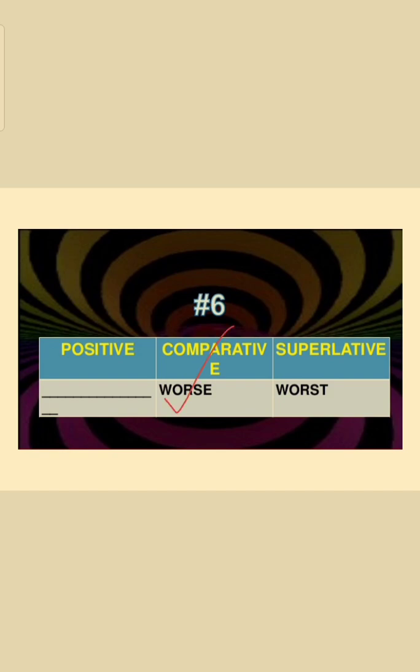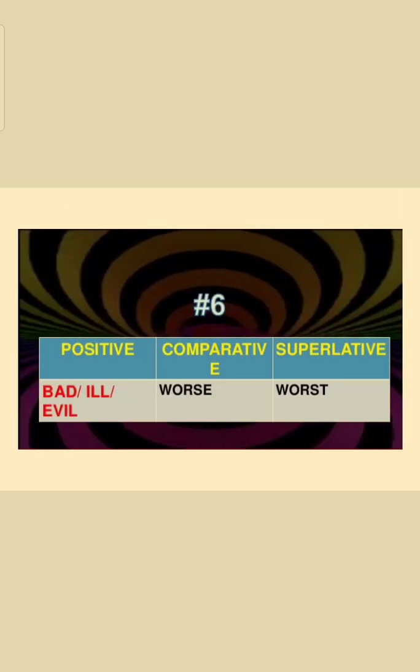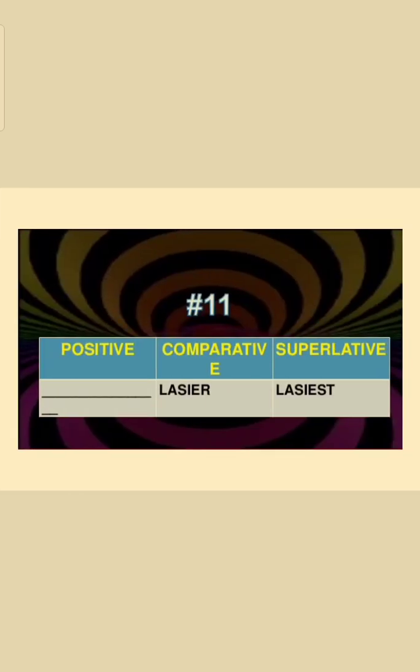So words. Take 2 seconds and just think about it. It will be bad or ill or evil. Bad, worse, worst. Fine. Or ill, worse, worst. Evil, worse, worst. Fine. Okay, next example.